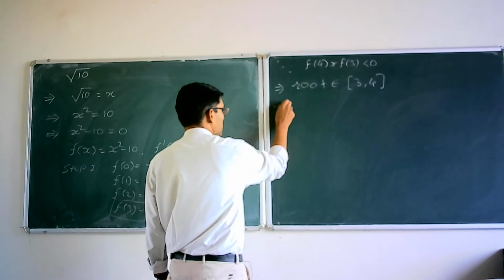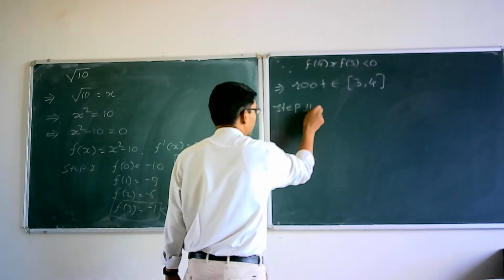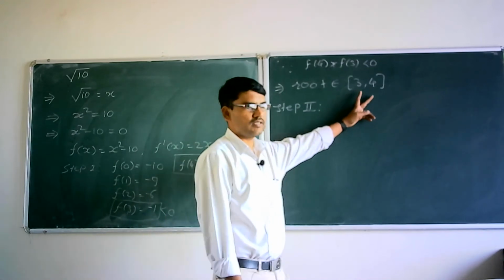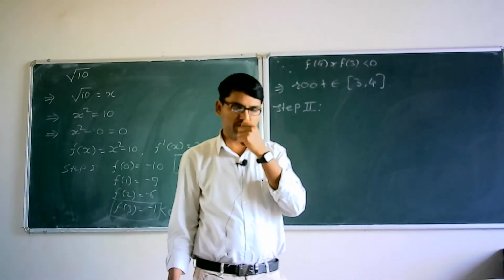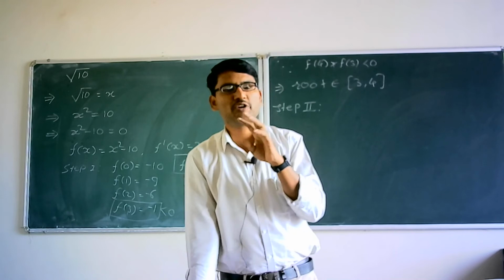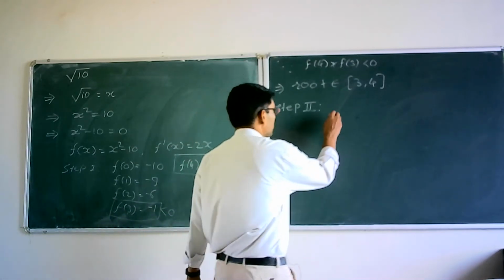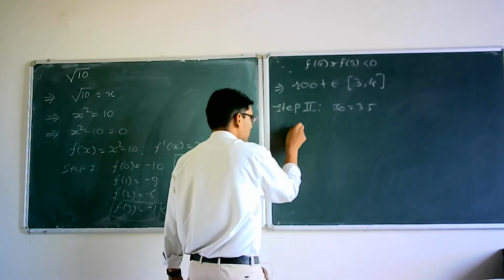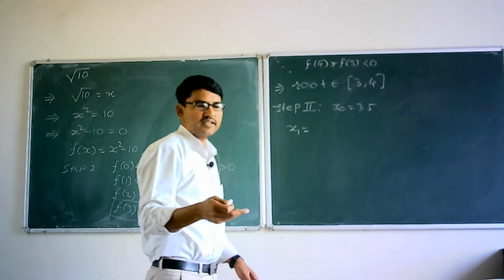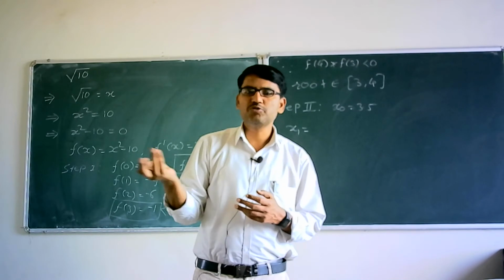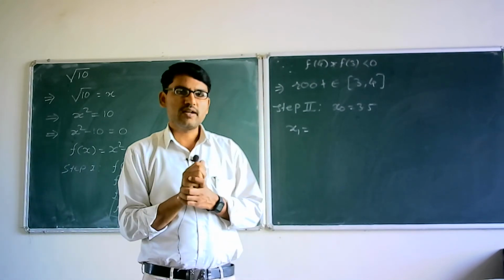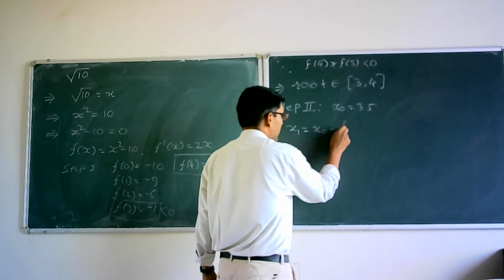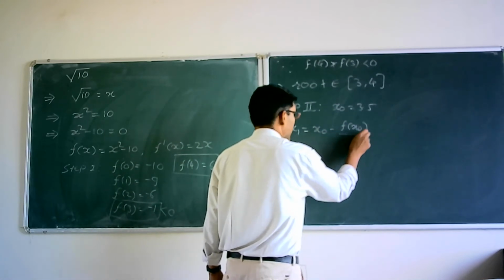Now in step number 2, we want to select any approximate root which lies in this interval 3 to 4. You can select 3.1, 3.2, 3.3, any approximate root. So we are going to select here x0 is equal to 3.5, and the next successive terms, that is x1, x2, x3, we are going to find by using the Newton-Raphson formula. The formula is x1 is equal to x0 minus f of x0 divided by f dash of x0.